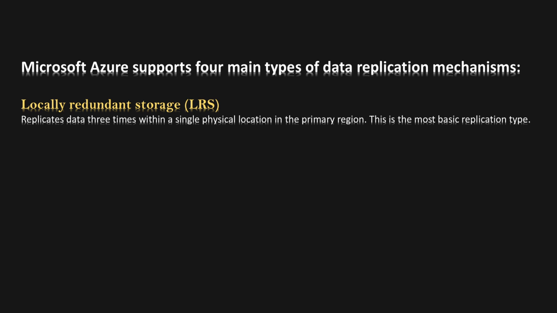Suppose there is a small business that uses LRS for their non-critical data storage needs. This replication type keeps three copies of their data within a single data center. All the copies are stored in the same data center only, and it is cost effective and provides protection against hardware failure within the data center.